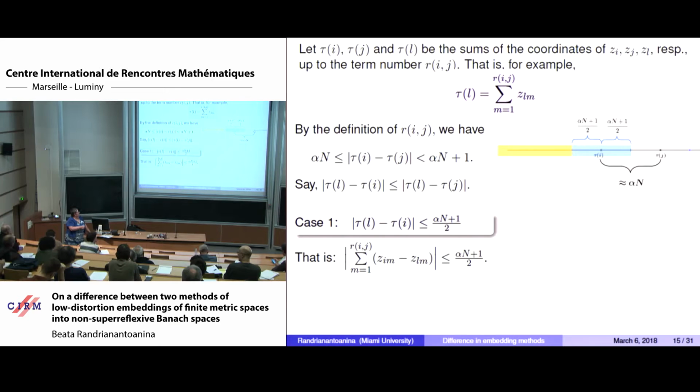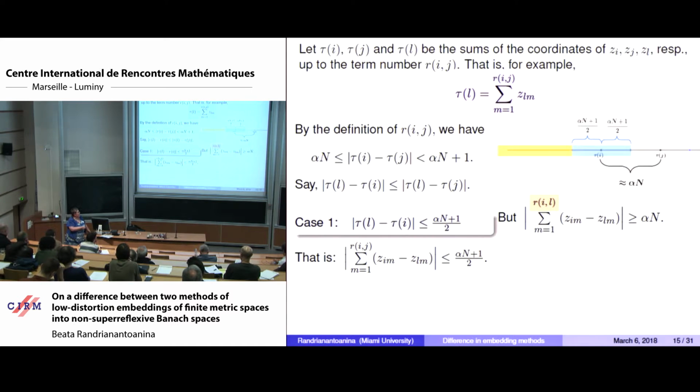this is case 1, so that means that I have this sum from 1 to Rij, and that sum is less than this number. However, we do know that if I sum i and l all the way to Ril, that is the index which witnesses the summing norm distance, meaning this value will be at least alpha n.